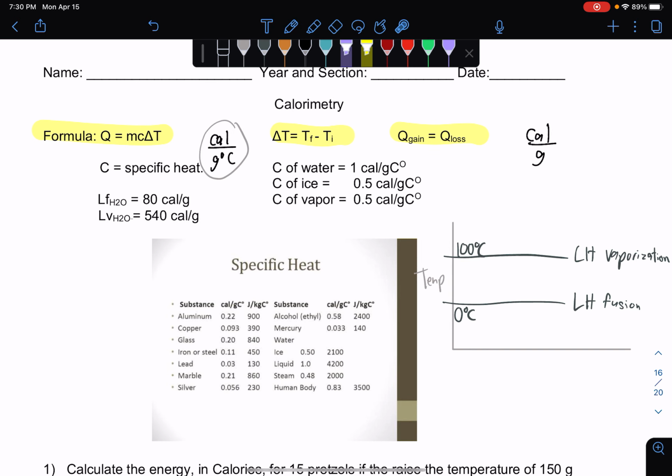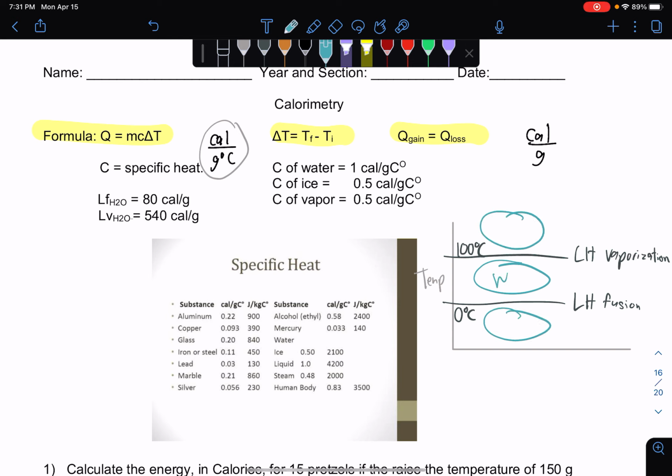This is the unit for specific heat. Adding to that, we also have here the specific heat values for water, ice, and vapor. Although they're the same matter, they're in different physical states, so it's important to know that the specific heat can also differ. In this simple graph, this is the region where the matter is water, this is where it's water vapor, and this is where it's ice.